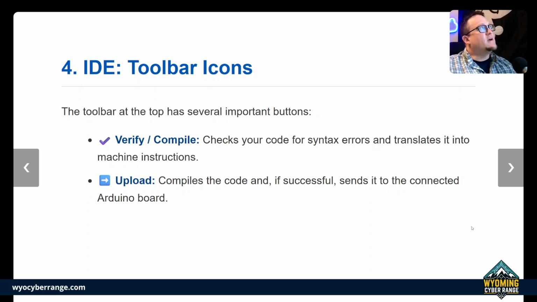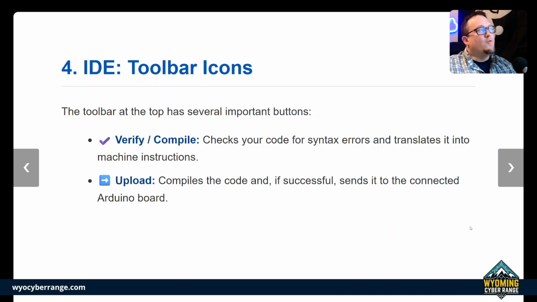So one of the key features is going to be syntax highlighting. Now there are going to be a couple different icons at the top of the IDE. We've already used the upload button in the past. It's the arrow to the right. But there are a couple others as well. One of the buttons that we want to look for is verify and compile. Basically, do we have any typos in our code before we upload it to our Arduino? By verifying and compiling the code before we upload it, it saves us a little bit of time.